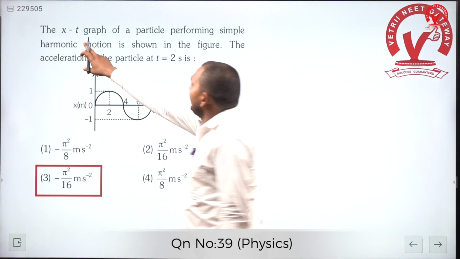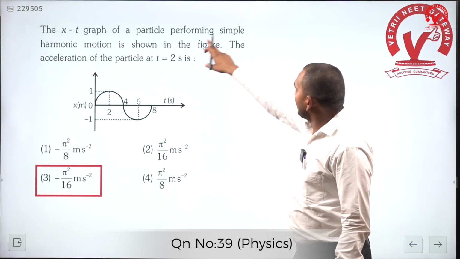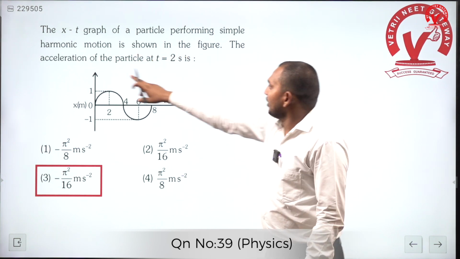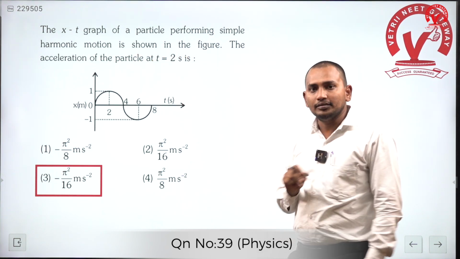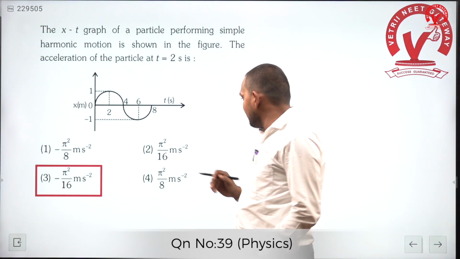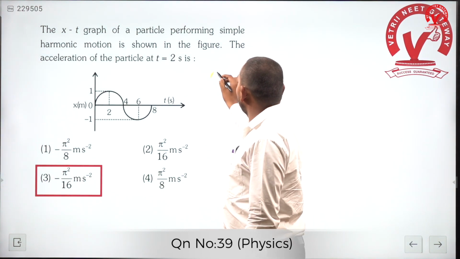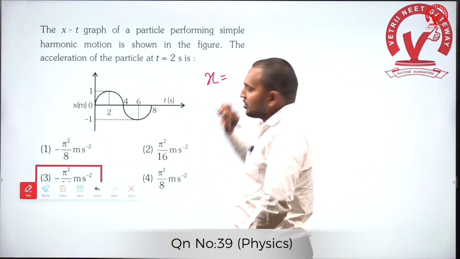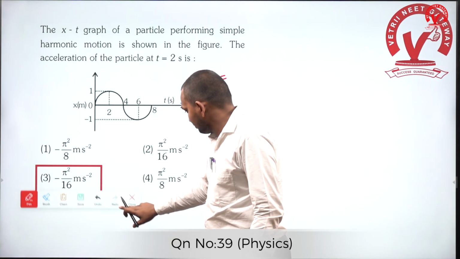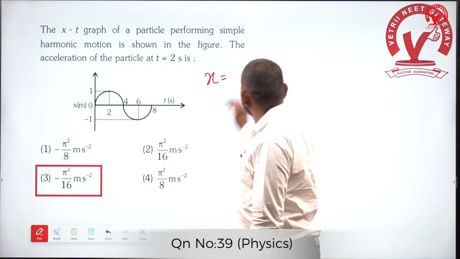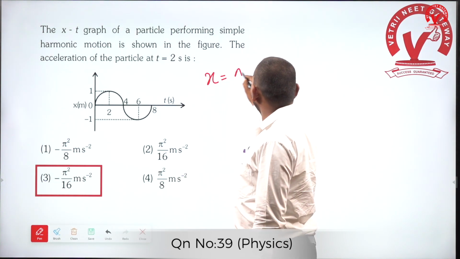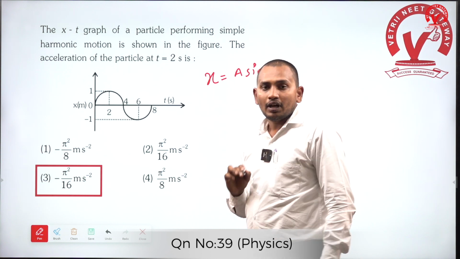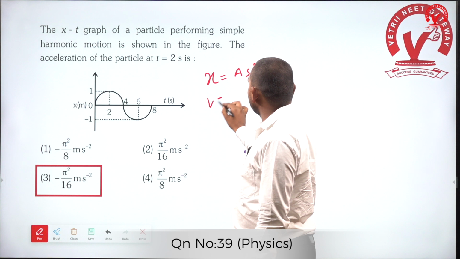Here the x and t graph of a particle performing simple harmonic motion is shown in the figure. What is the acceleration of the particle? Here they are asking to find out the acceleration. We know the basic formula: x is equal to a sin omega t, and we have to differentiate x.